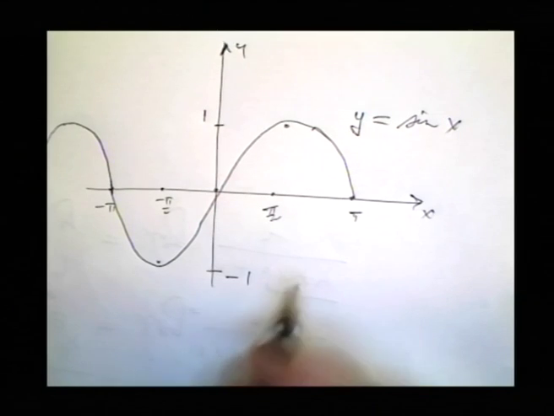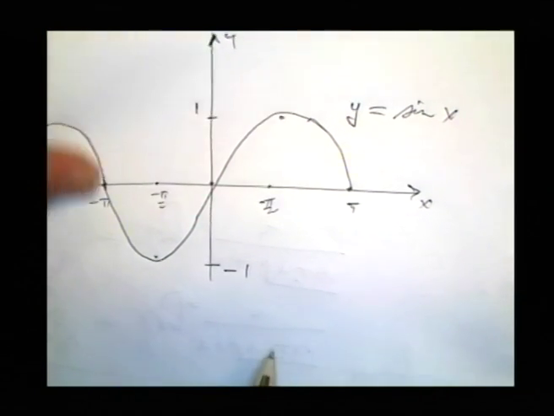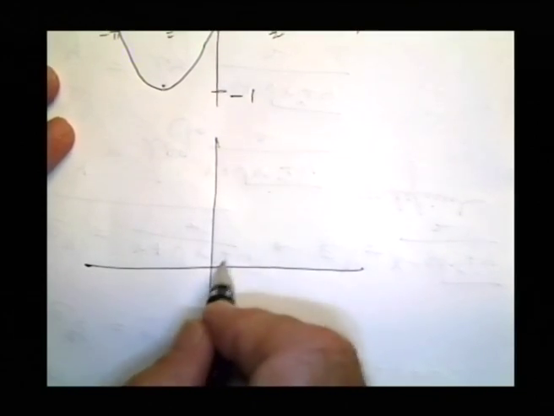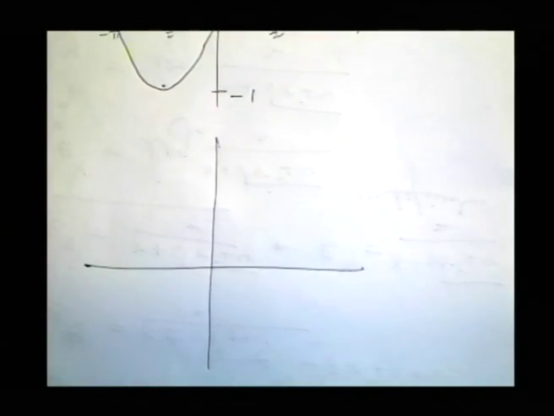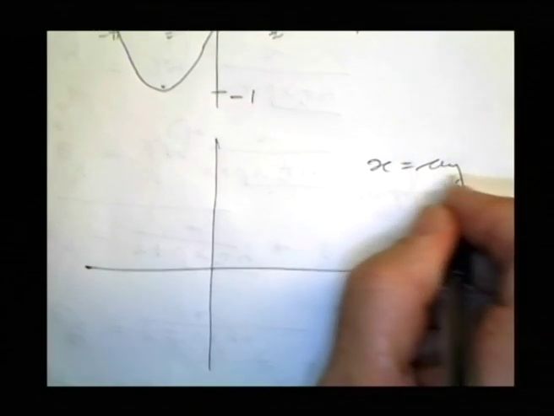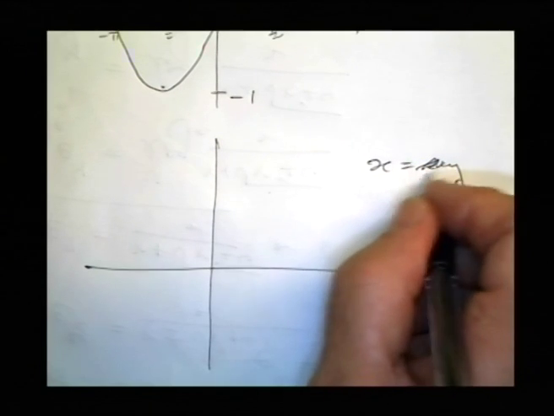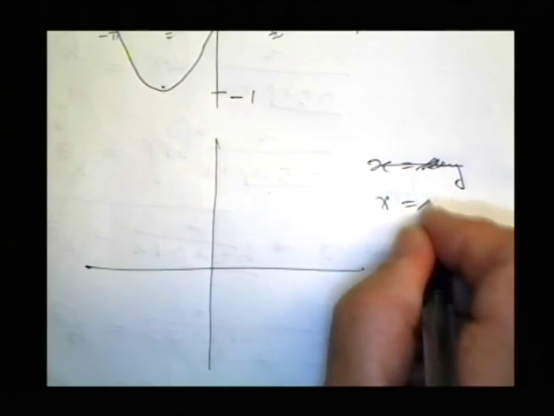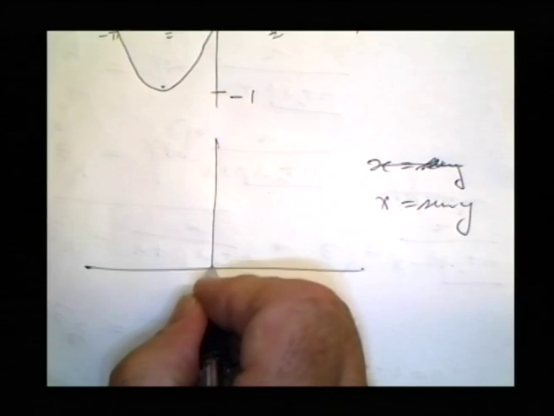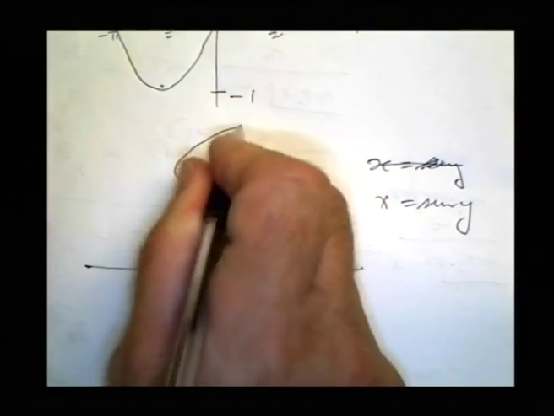If you want the inverse of that, let's draw it on a different graph. The inverse would be the reflection in the line y equals x, and the inverse is x equals sine y. I'll do that again. X equals sine y, and it has that effect.